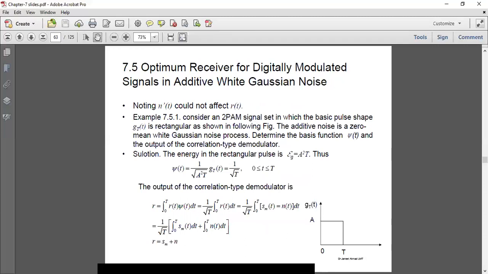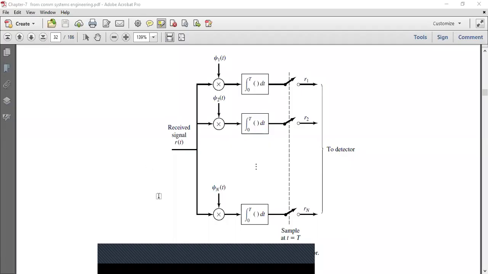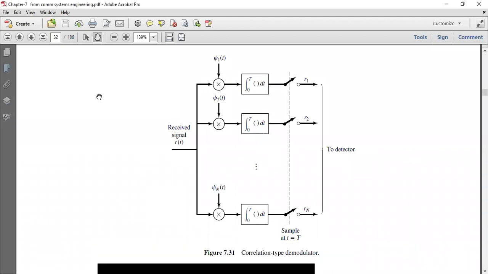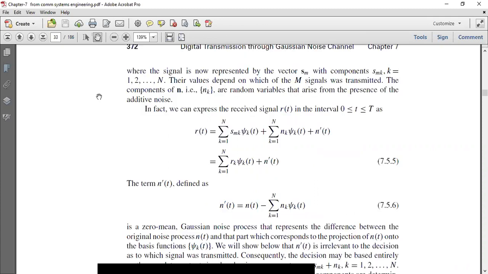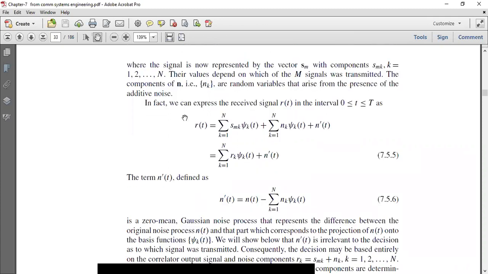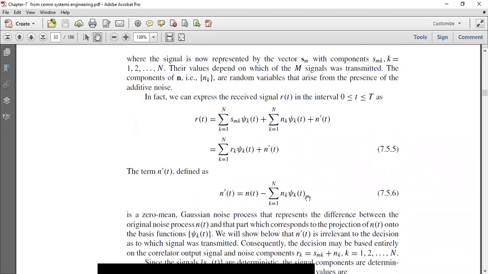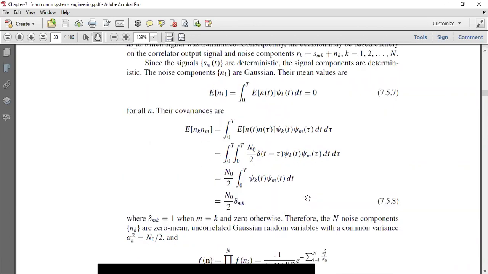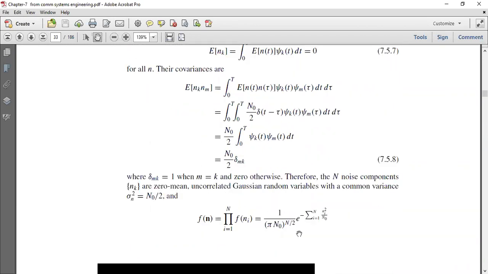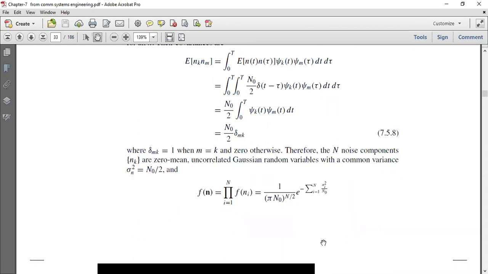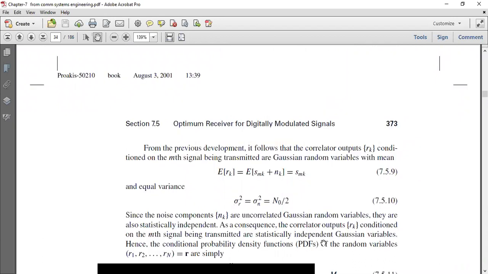Now let us move to our book and see what it shows us. So this is our book part. I think it will have the same thing. Yes, it is almost the same notation and the same mathematical form. And this is the likelihood function, Gaussian distribution.